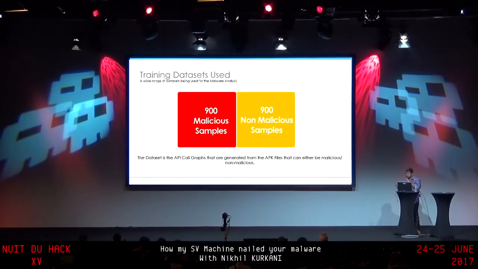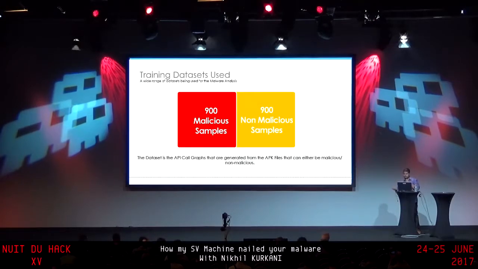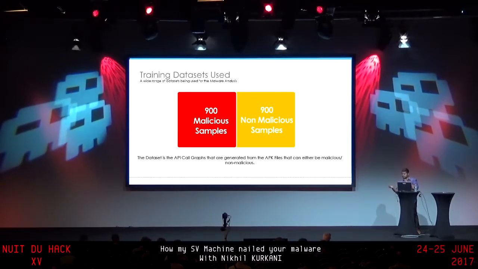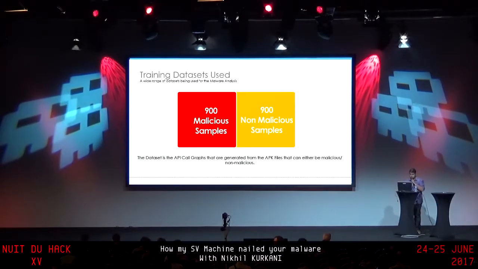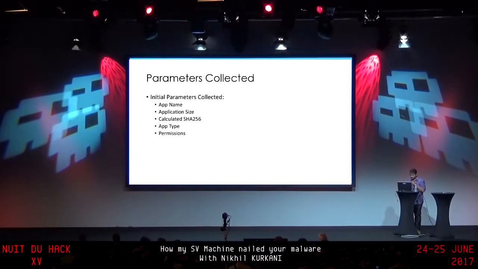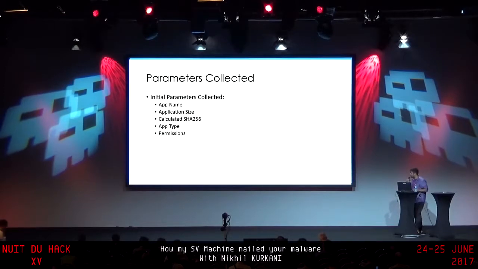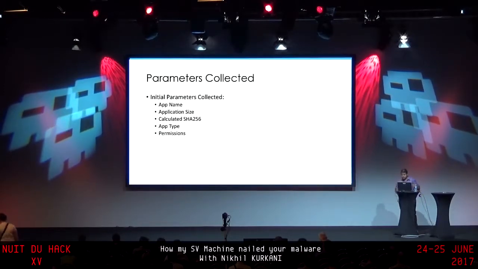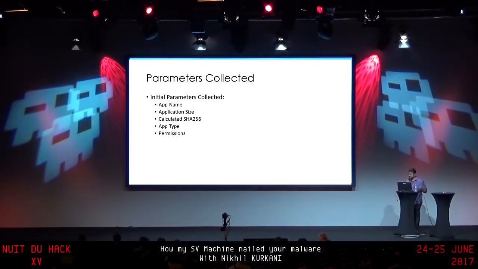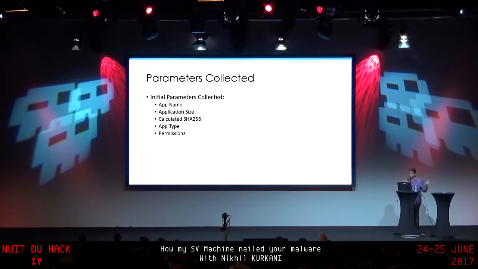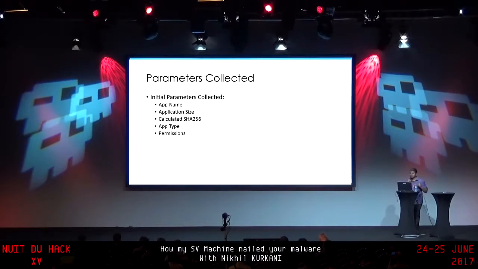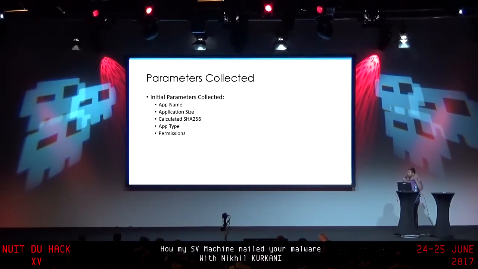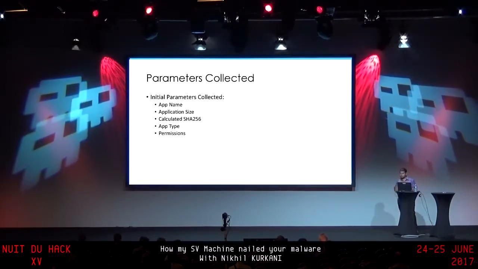And this is the prime factor to consider, because that would say whether the new sample that you give is malicious or non-malicious. The parameters initially collected were the app name, the application size, the calculated SHA-256, the app type, and the permissions. But these were not the only parameters that could say whether an application is malicious or not.